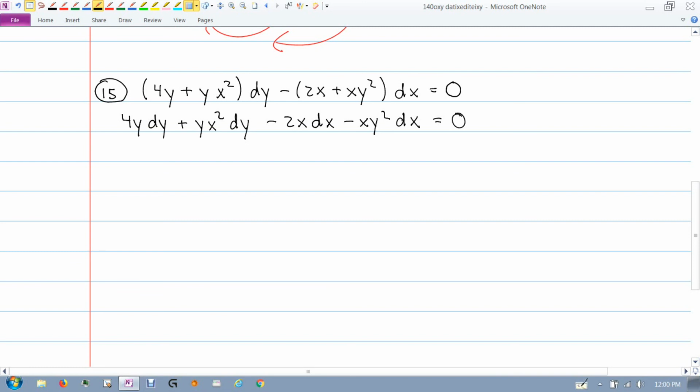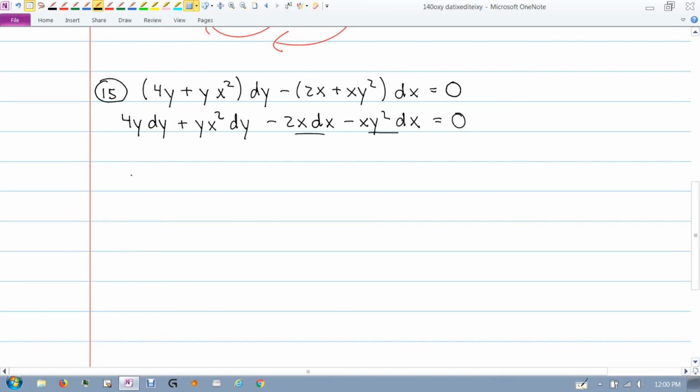Why don't we move the dx terms? Well, you know what? I was going to move those to the right. We could do that, but I think what would be better is looking for any common factors now.